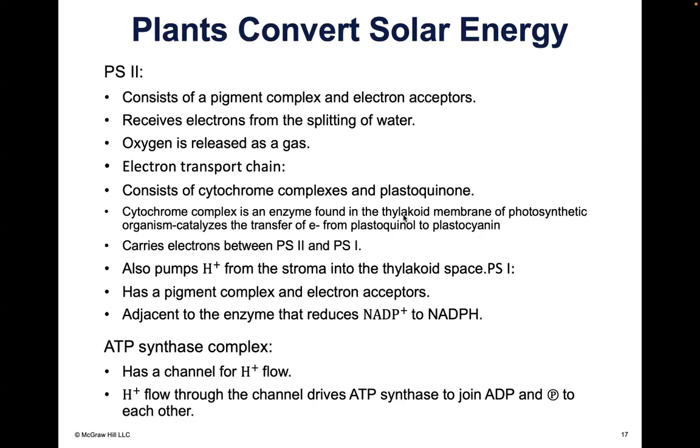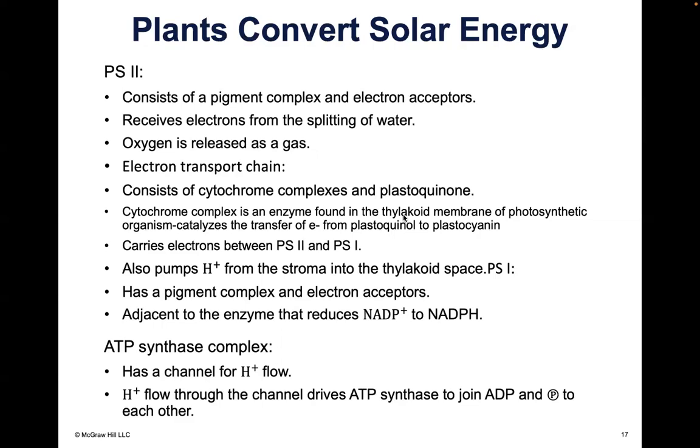I mentioned to you before, photosystem 2 starts in the thylakoid, and the completion is in the stroma. So it has a pigment complex and electron acceptors, adjacent to enzymes that reduce NADP plus to NADPH.